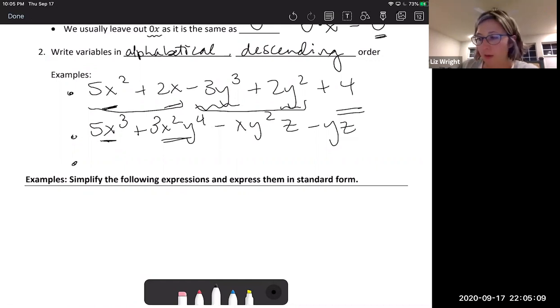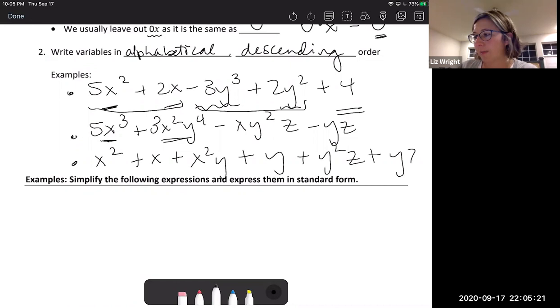And then another one, we've got x squared plus x squared y plus y squared z plus yz. And again, alpha descending order. This is one that can sometimes confuse people because they're like, wait, why is that x here instead of right here? So this is going by the hard and fast rule that you put everything alphabetically first, and then it goes by descending order. It's not going to be counted wrong if you put the x behind the x squared y.